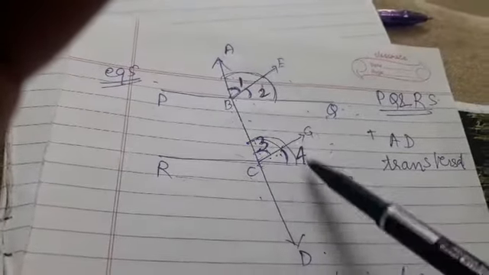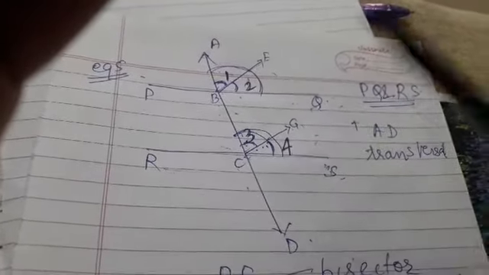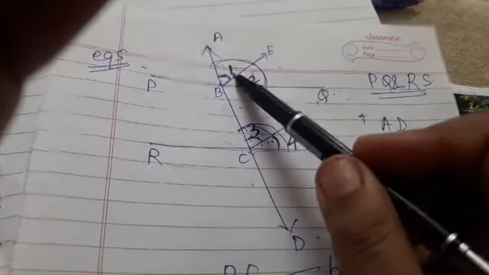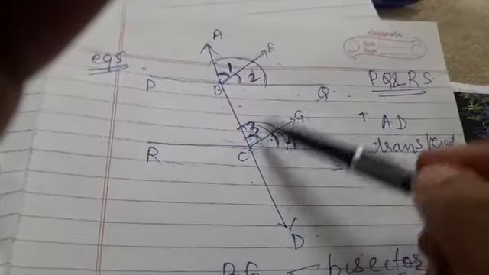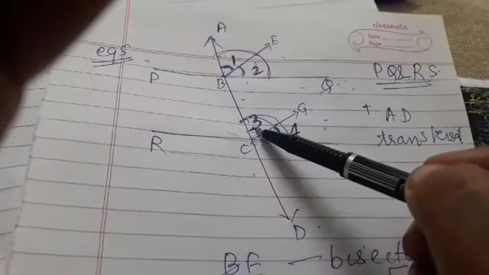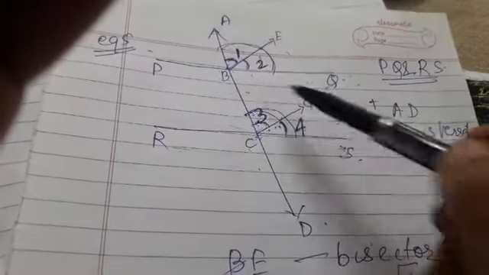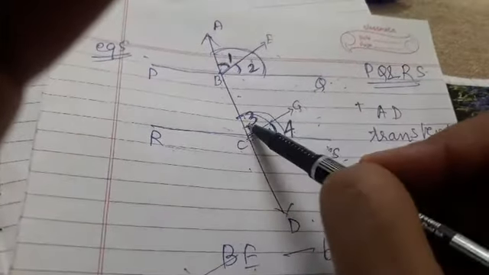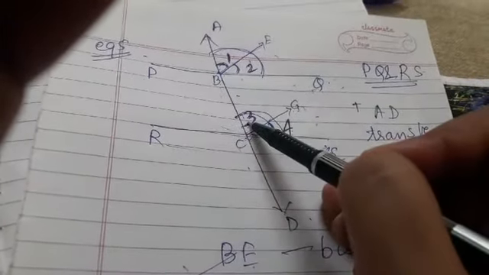We will take 1 and 2, 3 and 4. Because these bisectors are parallel to each other, 1 will be equal to 3. We don't need 2 and 4, actually we can only take 1 and 3, or only 2 and 4. Just for the naming I have taken them. Because these are parallel lines, these are corresponding angles 1 and 3.